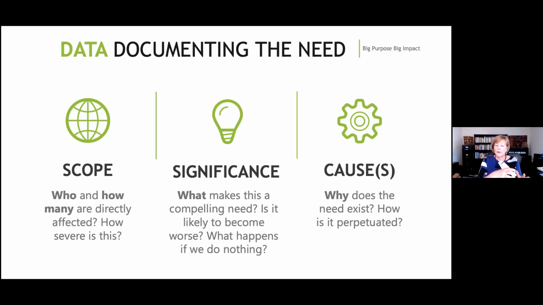What you're trying to do is paint a picture that shows in a clear way this is the thing that we're taking on because we feel like we can start making inroads and help improve whatever that situation is.